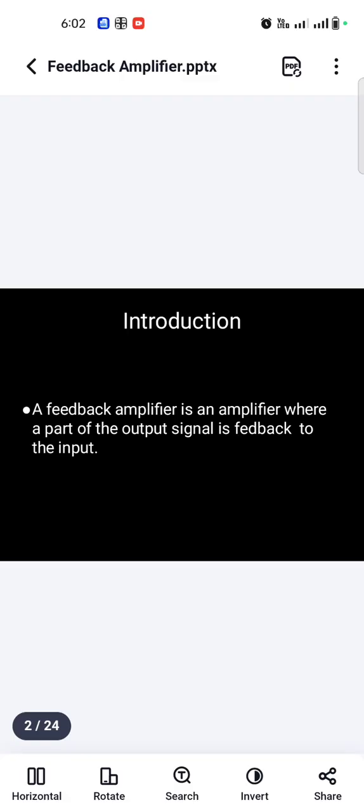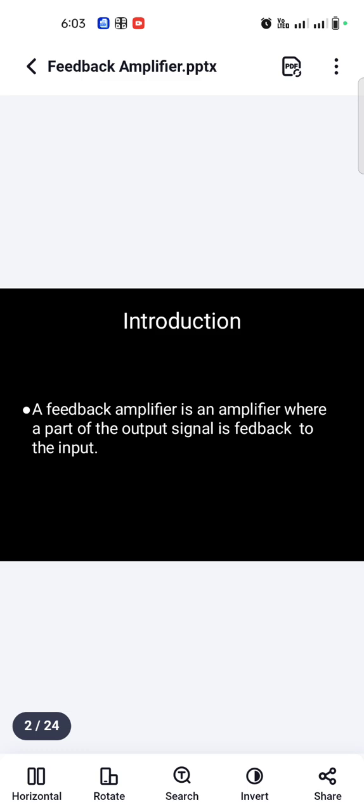A part of the output signal is fed to the input, which we refer to as feedback. This feedback parameter may be voltage or current. Depending on the polarity of the signal, the feedback may be classified into two types. What are the types? Positive feedback and negative feedback.